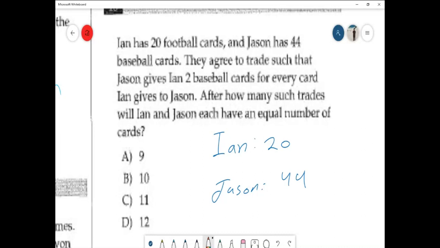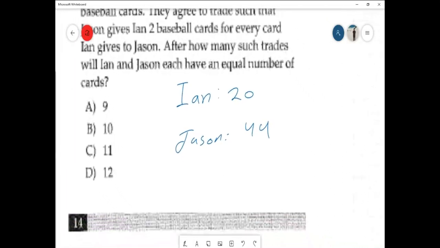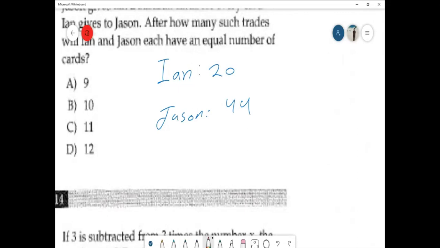Ian gives 1 card to Jason, and Jason gives 2 cards. So if I do the math, every time Jason gives Ian 2 cards, Jason receives 1 card. If I subtract 1 from 2, that means Jason is losing 1 card every turn.